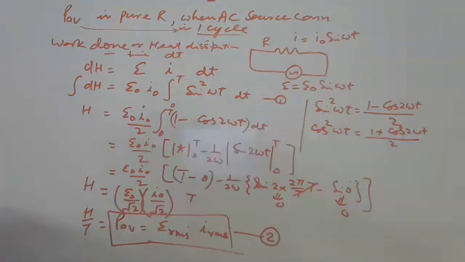If pure resistance is in the circuit and an AC source is connected, the average power is given by this formula, where E RMS and I RMS are also called virtual values or effective values. The name is different only. This is the average power derivation for pure resistance when an AC source is connected.